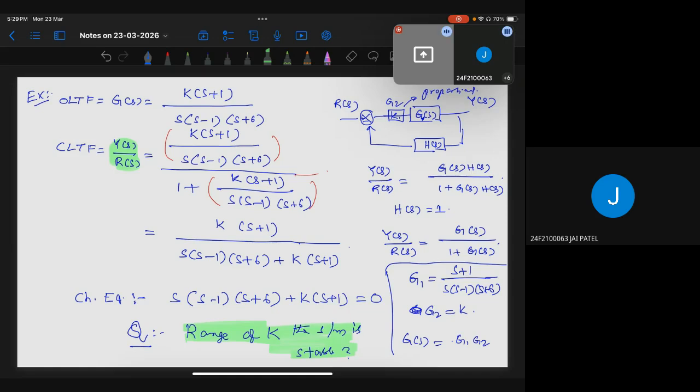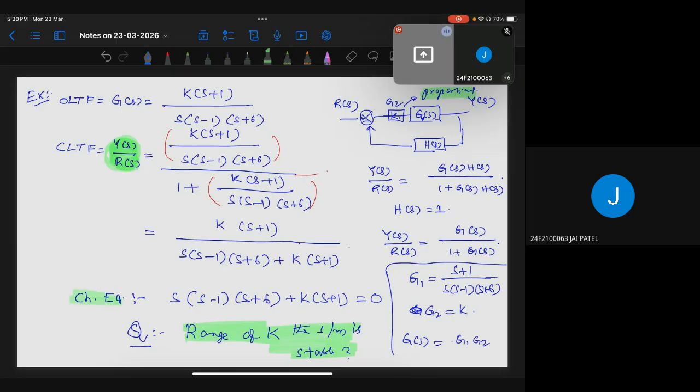We wanted to fix the controller gain K so that the closed loop transfer function has all its poles on the left hand side. That is our requirement. I need to find that range of K.